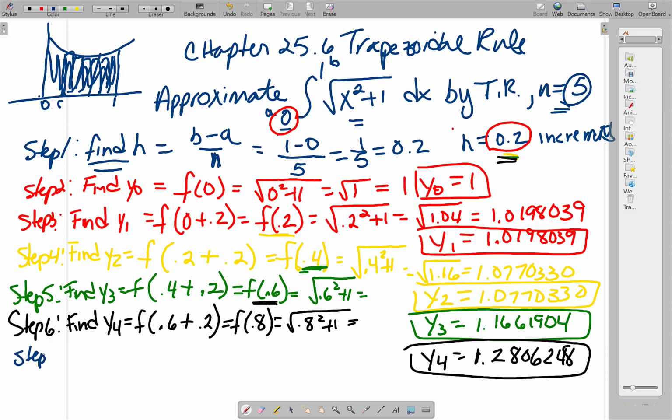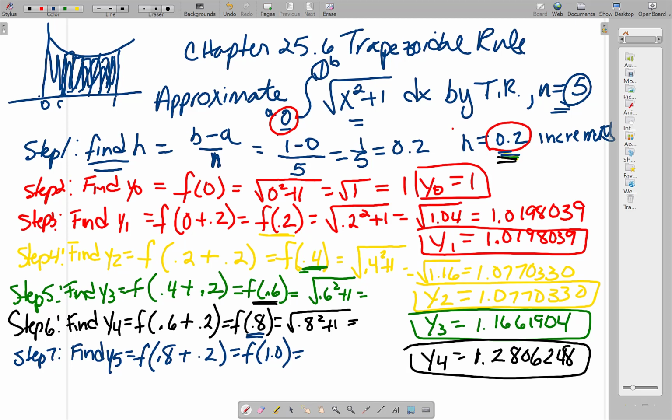Step 7, find y of 5, which would be f of 0.8 from here plus our h, which is 0.2. Whoops, let's erase that and write that a little bit nicer. 0.8 plus our h of 0.2 equals f of 1.0, which is, notice, our upper limit of b, so we know we're done.